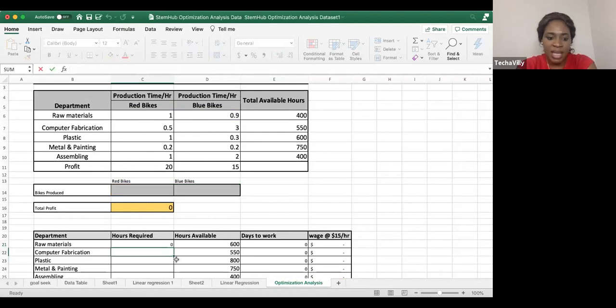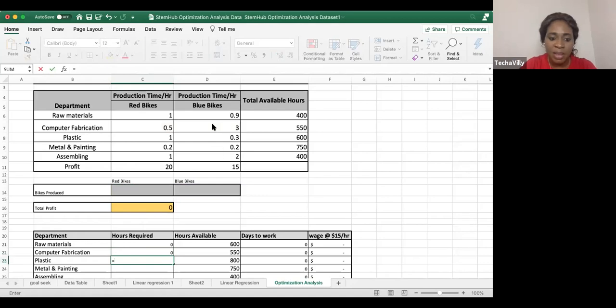Then you hit the enter key. Then you do the same thing: you pull out the equal sign, pick the number of red bikes, and multiply it by the number of hours it takes to produce one. Then you add the blue bikes also, multiply by the number of hours it takes to produce one bike, and you hit the enter key.